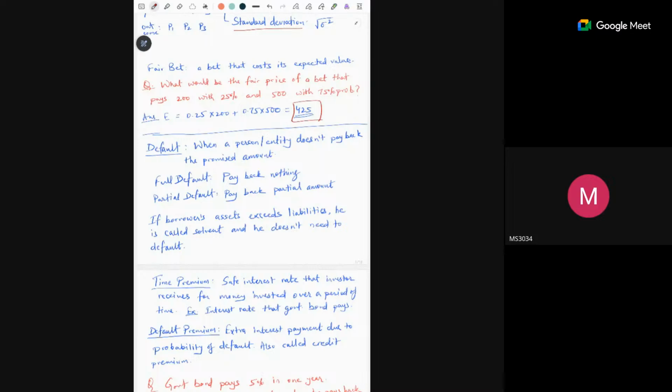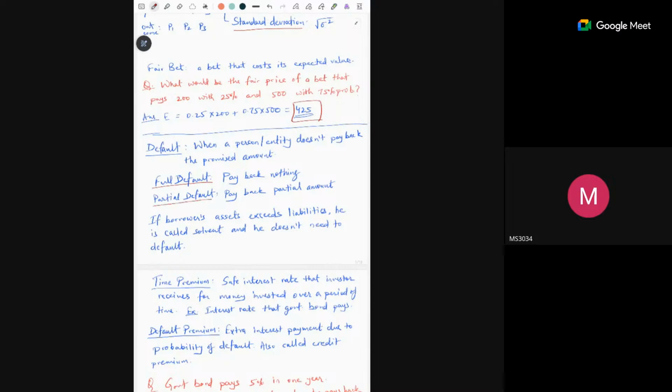In that case, your friend will pay nothing, zero amount. So you lend him, let's suppose, 5,000 rupees, and later, when the time of payment comes, he says, I don't have money and I will not give you any money. So he is doing full default. But sometimes a situation comes when he says, I have only 2,500 rupees, so he pays some of the amount. In that case, we call that partial default.